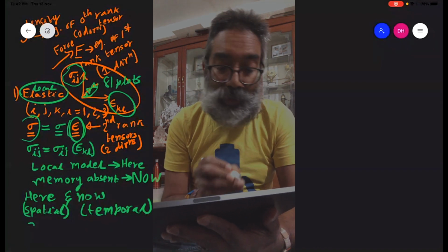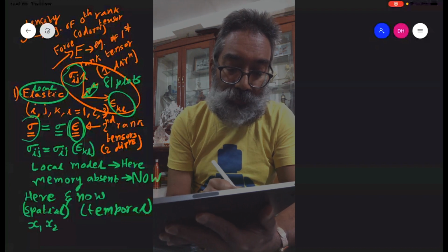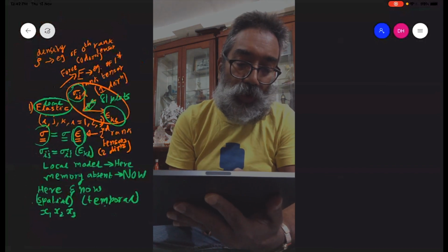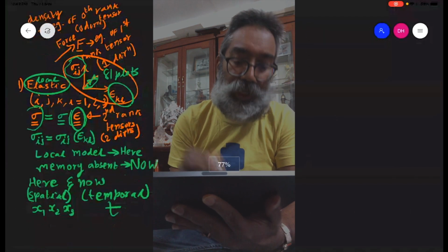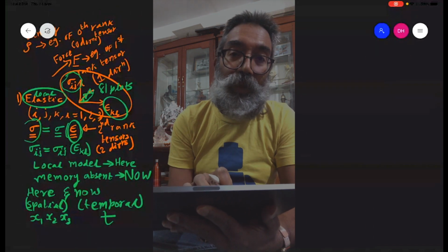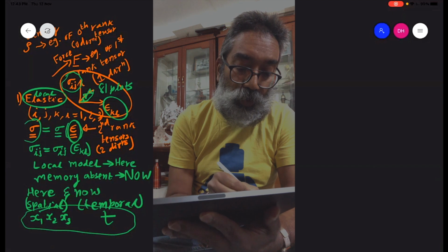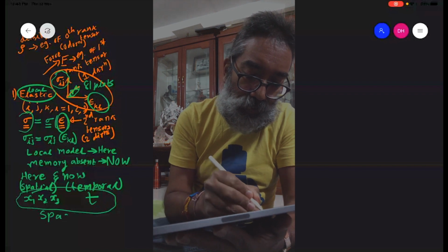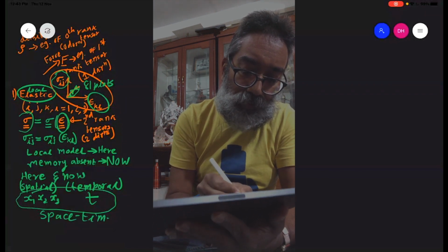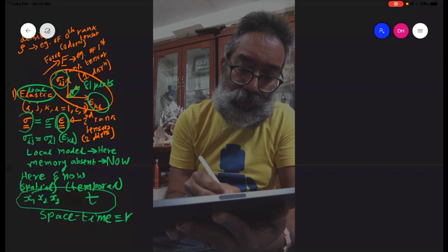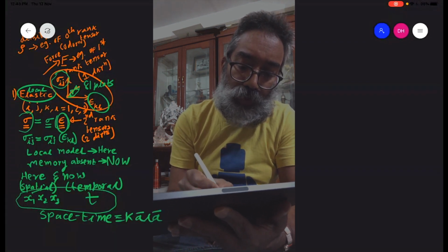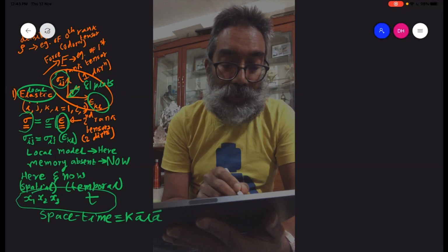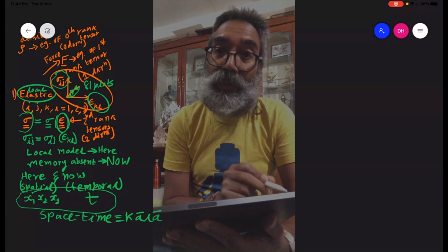So you see that the spatial sense in general can involve x1, x2, x3, and the temporal sense basically involves your time t. Now, this is what we together refer to as the space-time model, or what is congruent to kāla. So what this is saying is that the history is not affecting it.